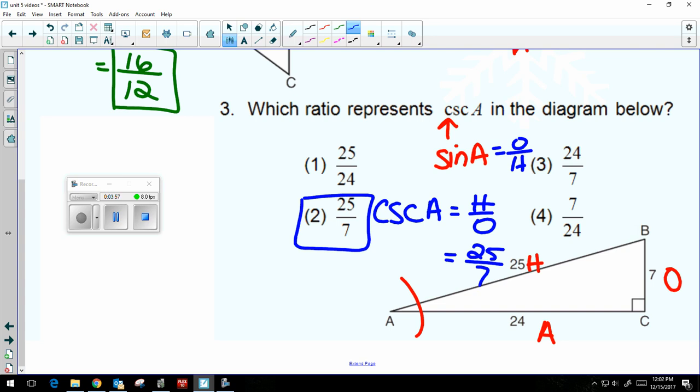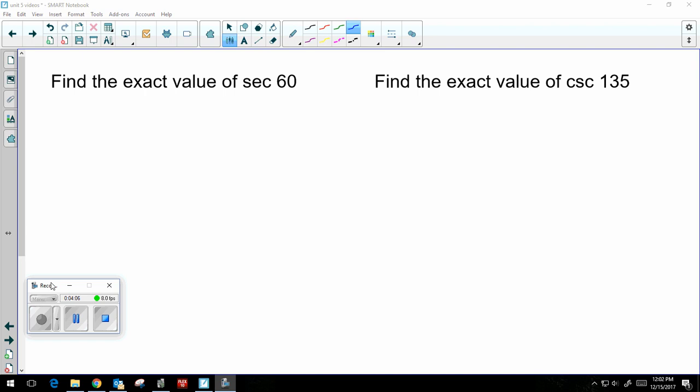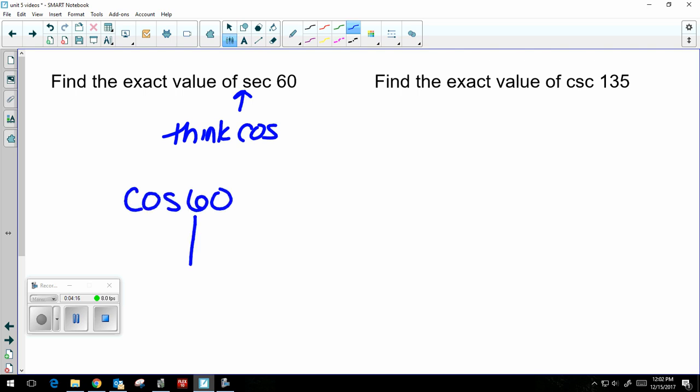Let's take a look at 2 more examples. This time I'm not going to give you triangles. This time we're going to look at how we find the exact value. So secant of 60. Secant is S, so I need to think cosine. So cosine of 60, if I draw it out, I'm in the first quadrant.